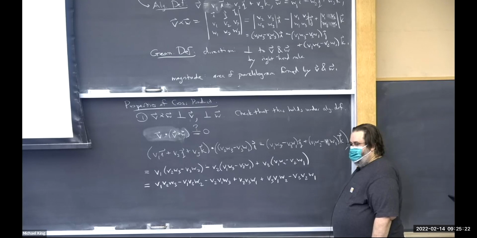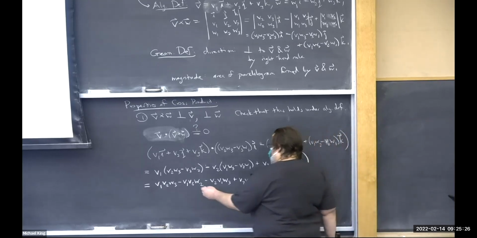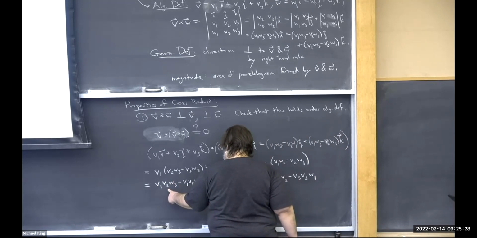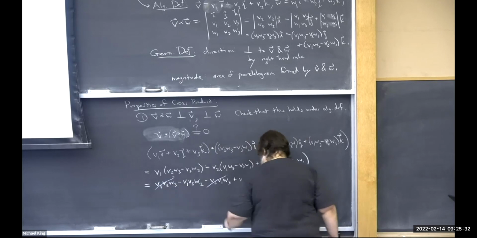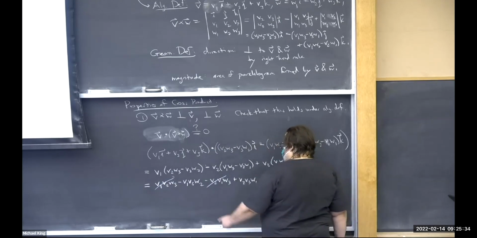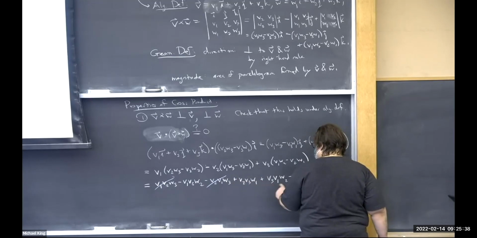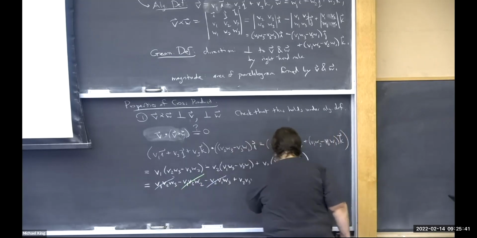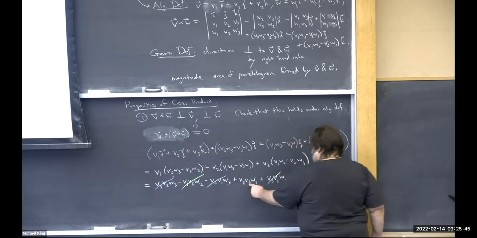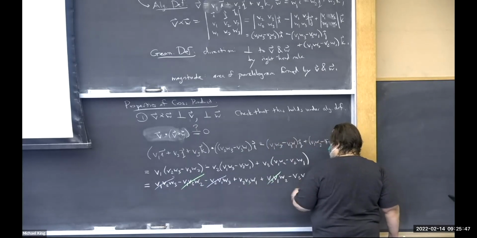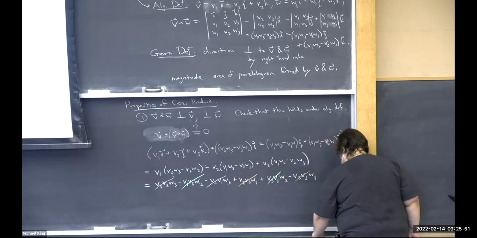Do things cancel? V1, V2, W3 minus V2, V1, W3. Those cancel. V1, V3, W2 with a minus sign, and V1, V3, W2. Those cancel. And hopefully these last two cancel: V2, V3, W1 and V3, V2, W1 with a minus sign. So that does equal 0.